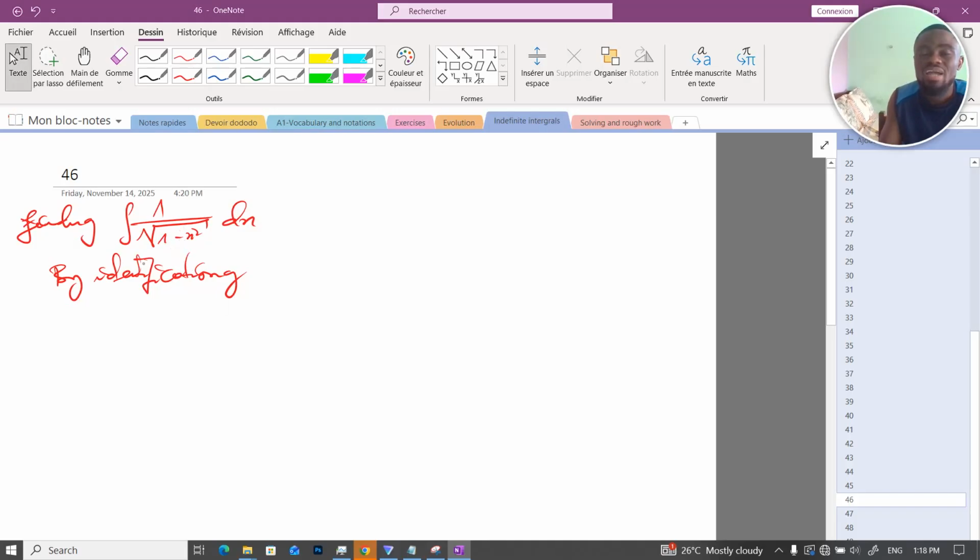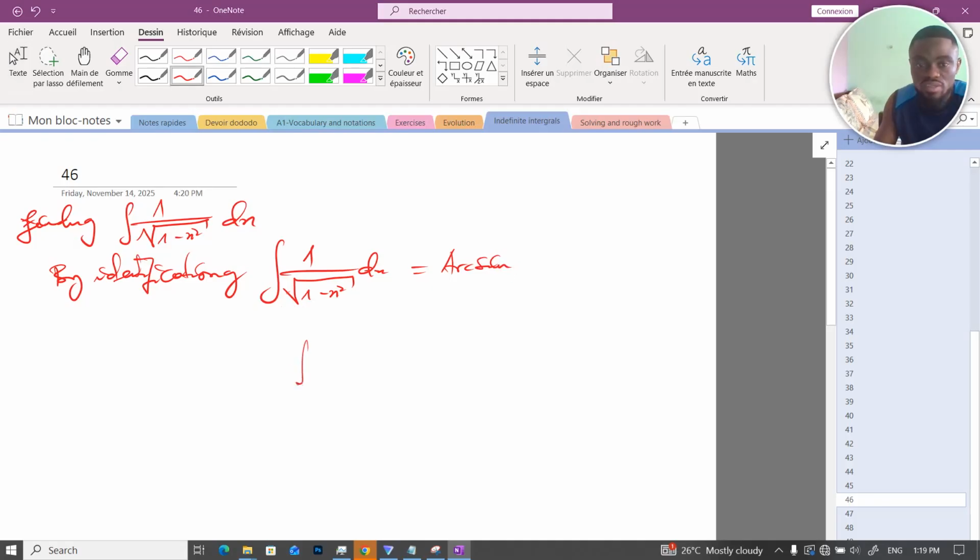But since we are in an exercise where part of the integral is to find this, there is no need of wasting time and calculating it. If you want, you can do it, but there is no need. So by identification, the integral of 1 all over the square root of 1 minus x squared dx is equal to arc sine. I told you it is only when it is in this form that you have to directly identify it.